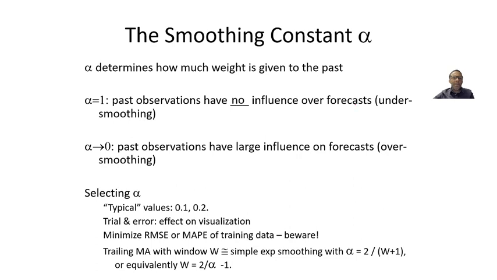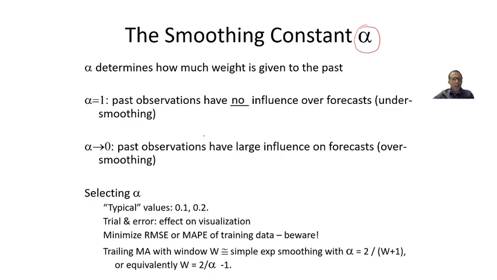Okay, so the smoothing constant alpha is one of the most important parts of this technique. Alpha determines how much weight is given to the past. Alpha equals 1 means that past observations have no influence over forecasts. Yes, under smoothing. That means the forecast is going to be 100% the previous error.